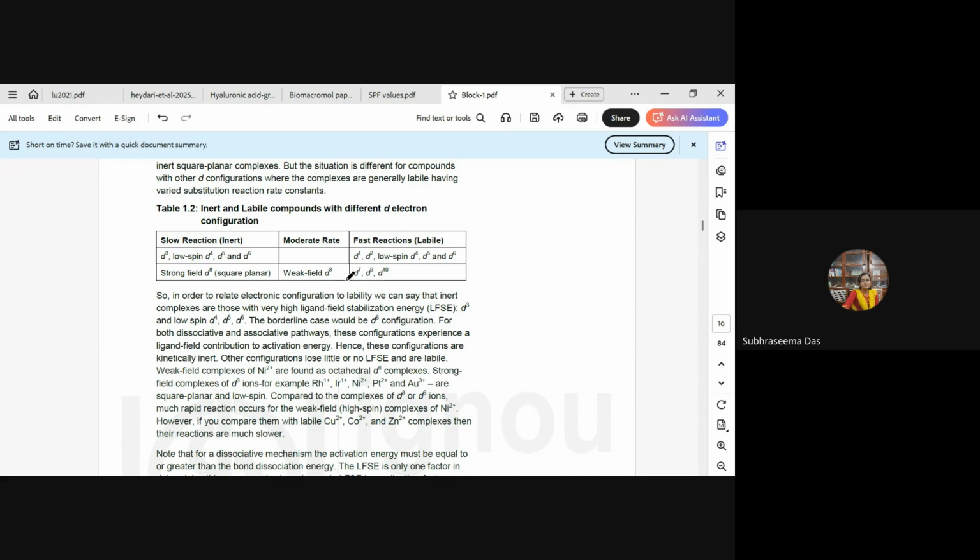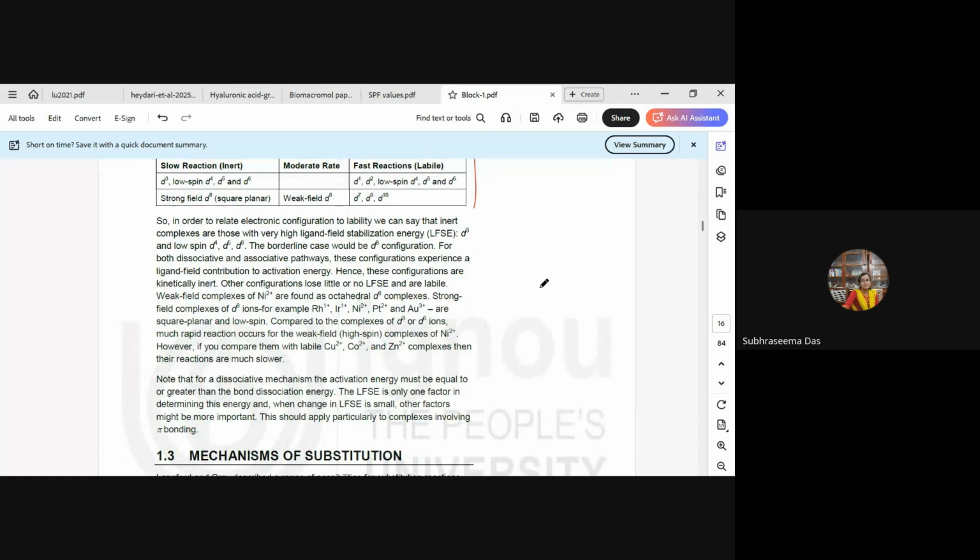For weak field d8, it is moderate, and d7, d9, d10 are fast reactions. Such complexes are labile. So this is the general rule for how we can relate the inertness and lability of complexes based upon their number of d electrons or d configuration.